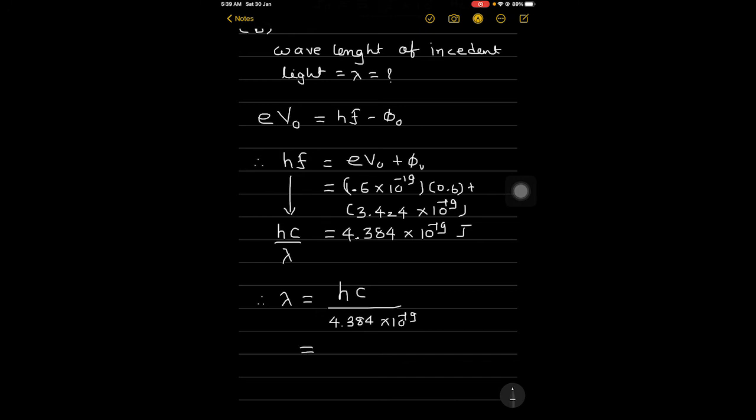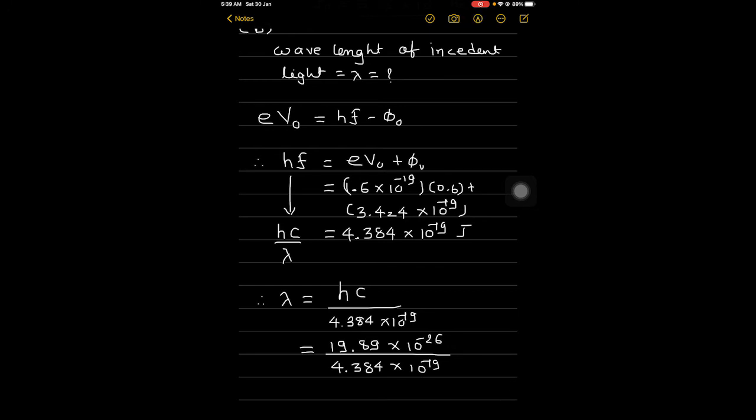Now the combination of h and c gives us 19.89 into 10 to the power minus 26, upon 4.384 into 10 to the power minus 19.